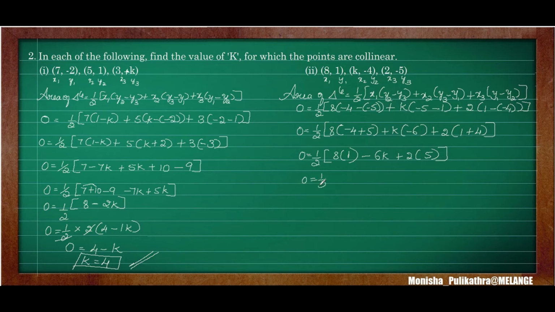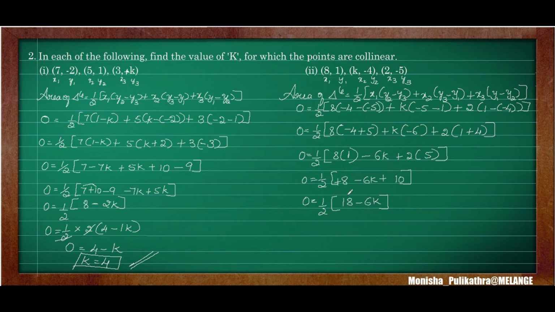So 0 is equal to half into 8 ones are 8 minus 6k plus 5 twos are 10. So 0 is equal to half into plus 8. This is plus 8 plus 10 becomes 18 minus 6k. Here both the numbers are divisible by the same number, that is 6.